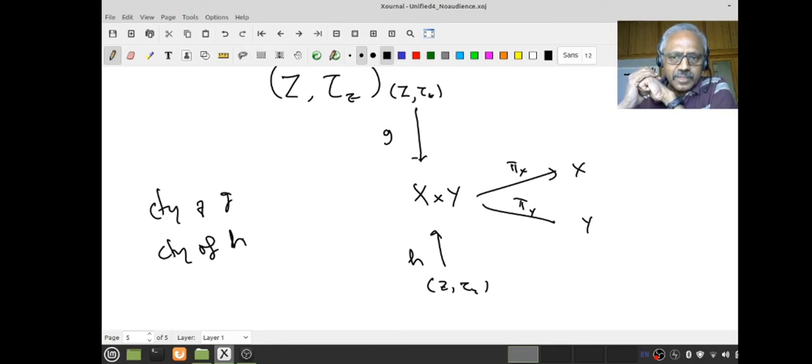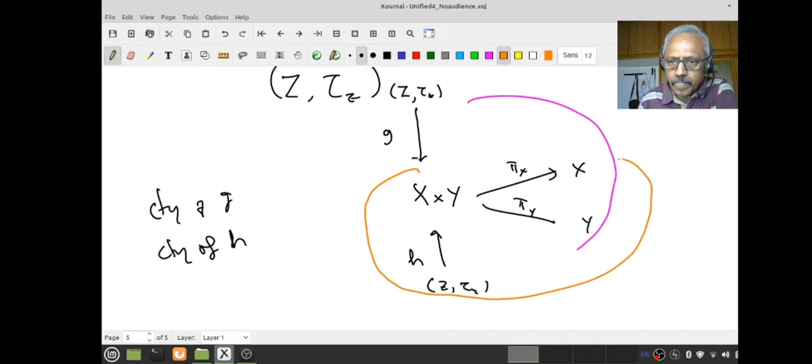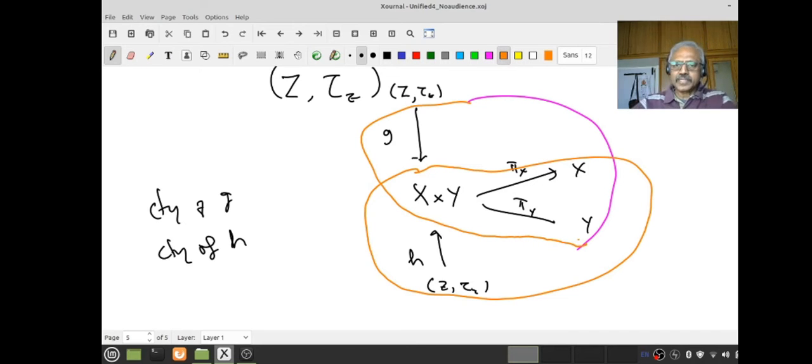So which are the diagrams? Let's look at two diagrams. As I said earlier, there are two diagrams now. This is one diagram and this is another diagram. Which of the diagrams admits a very natural composition? I'm sure all of you know. Yeah, the top diagram.